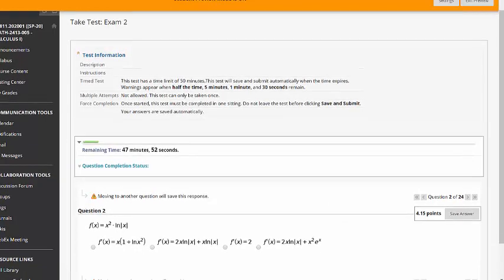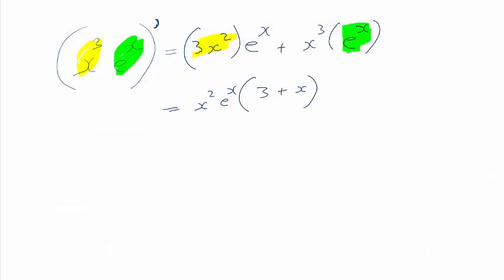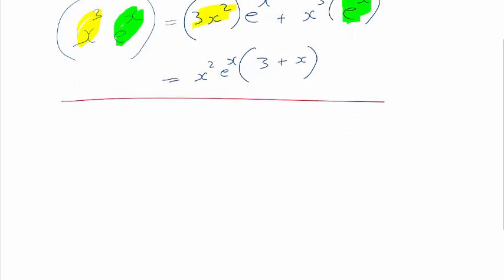x squared times natural log of x. All right, this is another product rule problem. I'll just alternate my colors so that it's easy to see what's from the previous problem. And we're taking the derivative again.